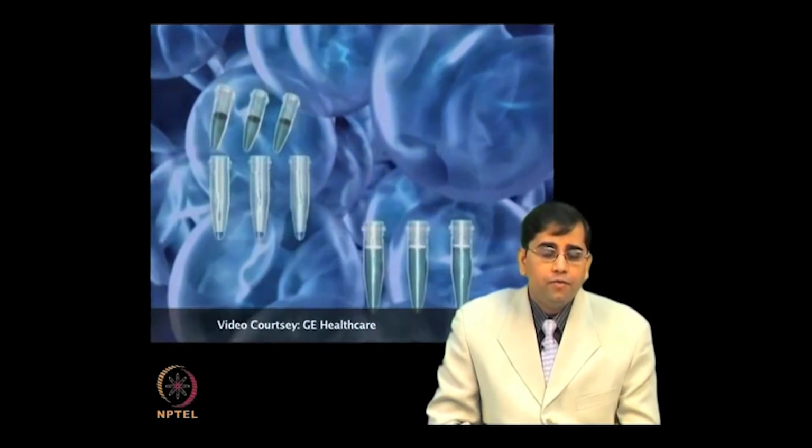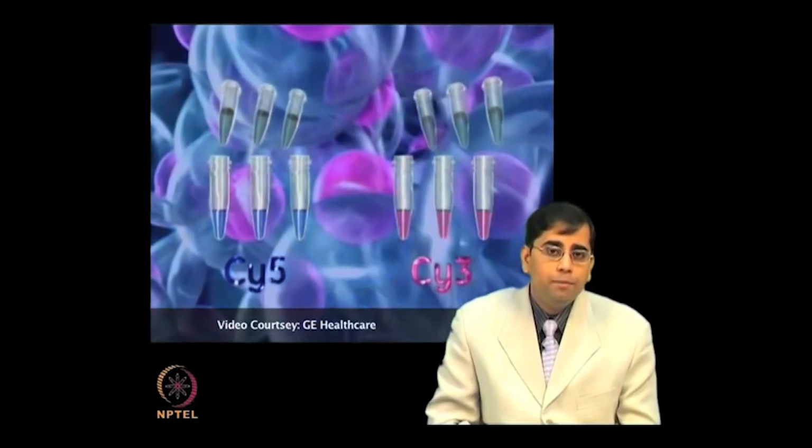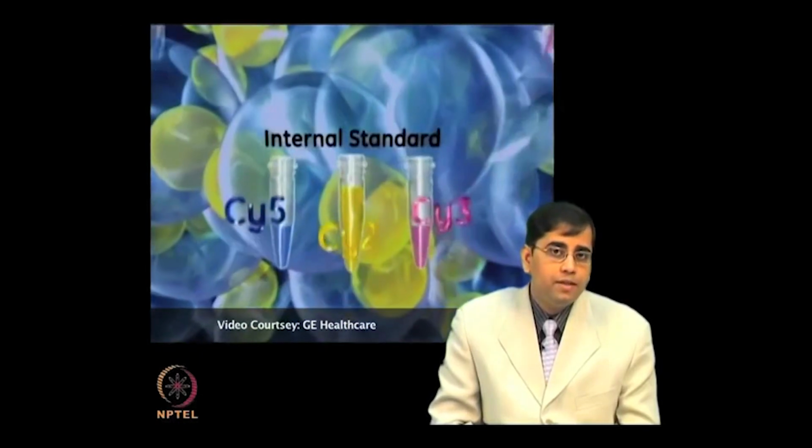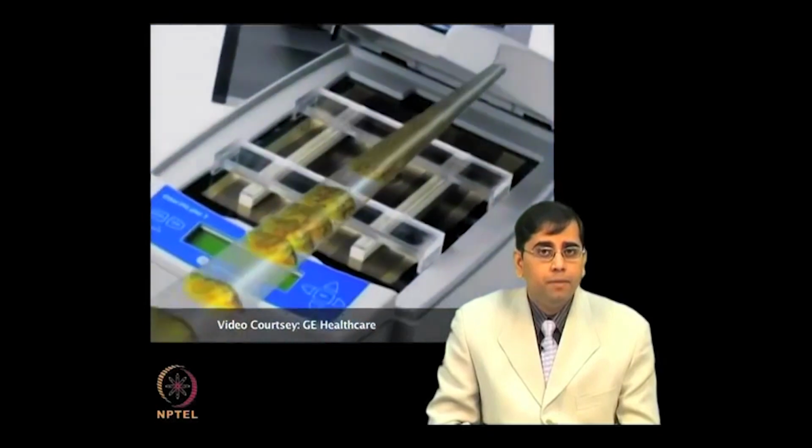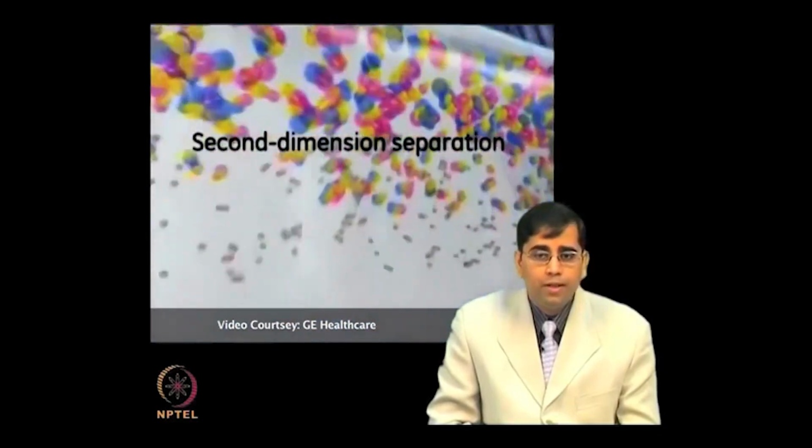In DIGE, proteins extracted from different type of cells or tissue sample are labeled with different fluorescent reagents such as Cy2, Cy3 and Cy5, mixed and then separated by two-dimensional electrophoresis on a single gel.